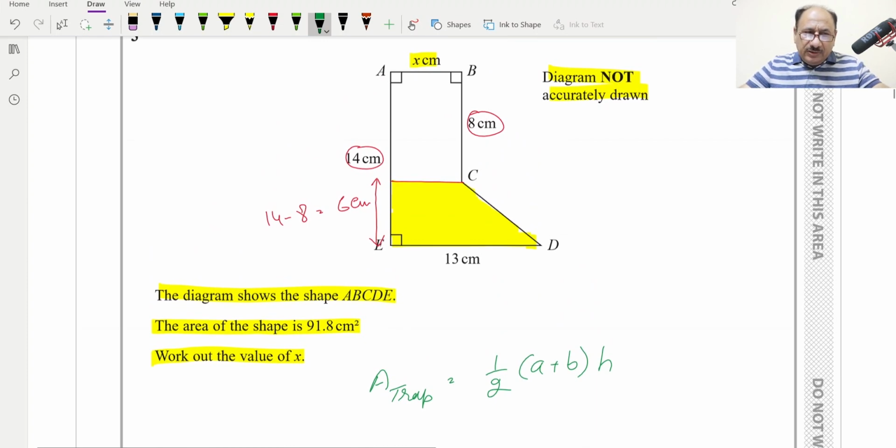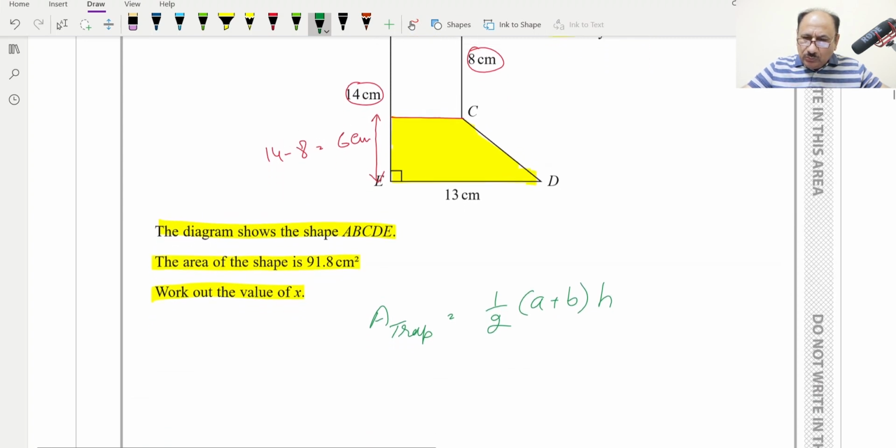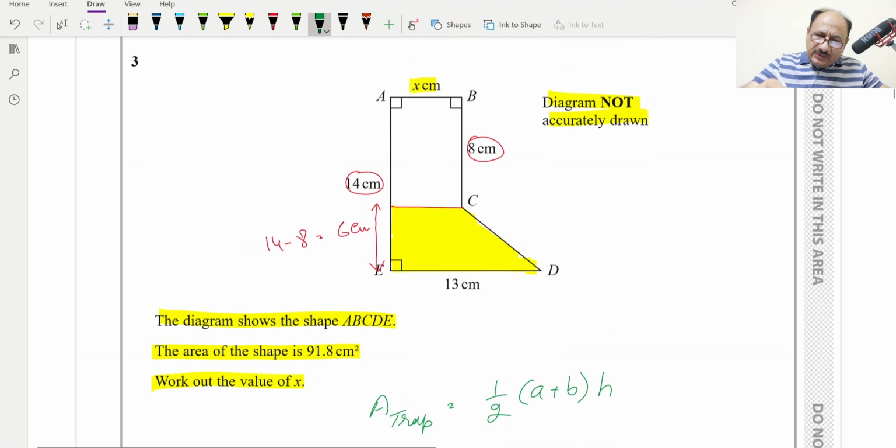So this will be half into a plus b into h, and h is 6, so we can replace this one. And the area of this rectangle will be what?